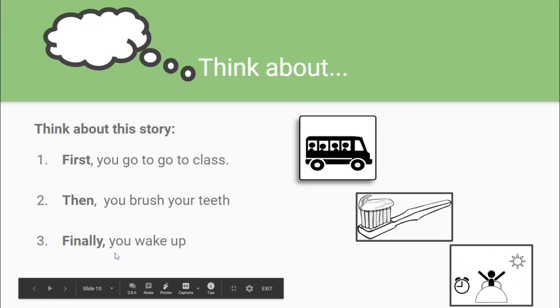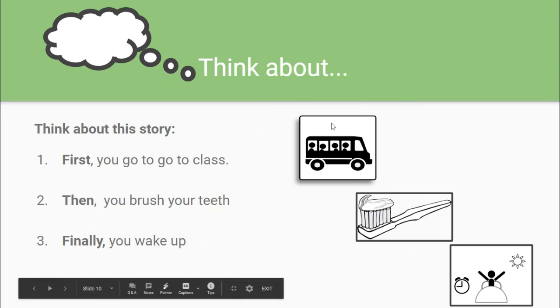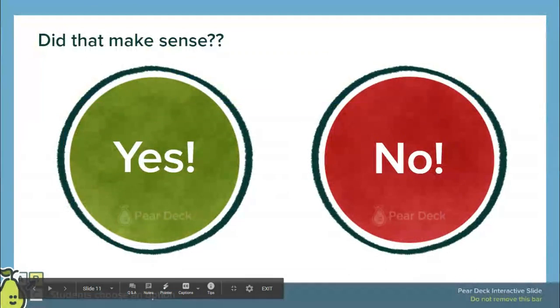Finalmente, you wake up. Se despierte. Is that in order? Is that correct? Do you first go to class, then brush your teeth, and finally wake up? What do you think? Is that correct? Did that make sense? I'm going to say no.